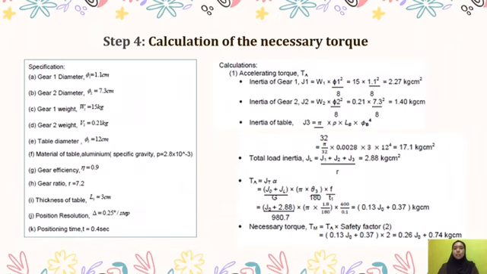Second, inertia of gear 2. Third, inertia of table. Fourth, total load inertia. Fifth, TA equal to J times alpha. Sixth, necessary torque. TM equal to TA multiply safety factor 2.